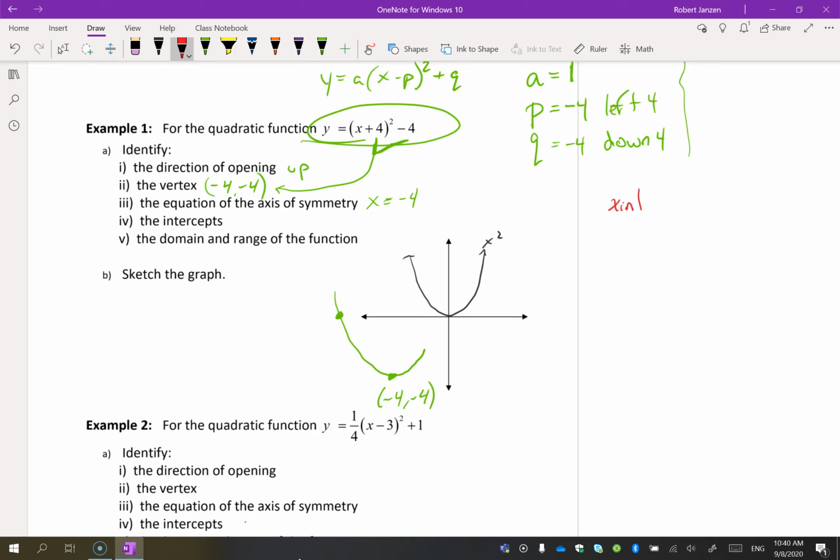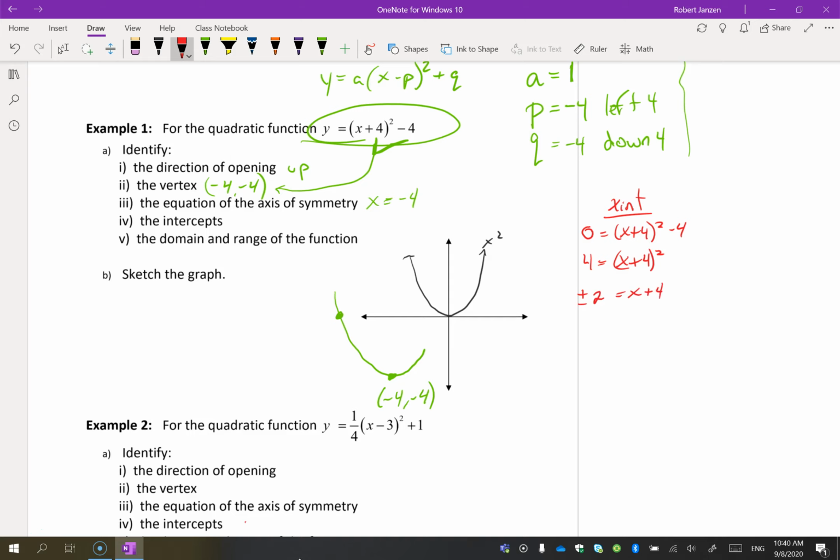Okay, pause for a second here. Let's find the x-intercept. So we're going to make the equation equal to 0 and solve this. Now I could FOIL this and get rid of the squared, or I could use perfect squares to solve this. That's what I'm going to do here. I'm going to take the square root, so I get plus or minus the root of 4, which is 2.